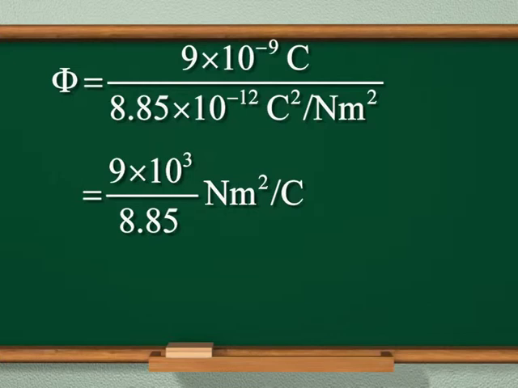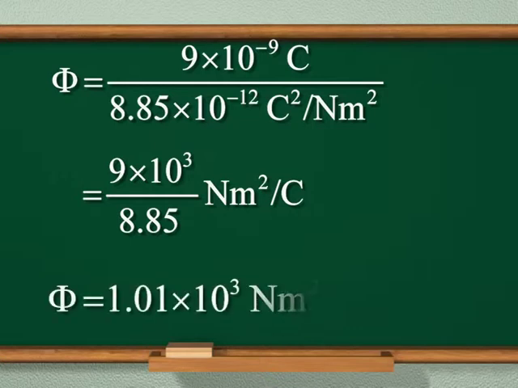On simplification, we get the total flux through the Gaussian surface as capital Phi equal to 1.01 into 10 raised to the power 3 Newton meter square per coulomb.